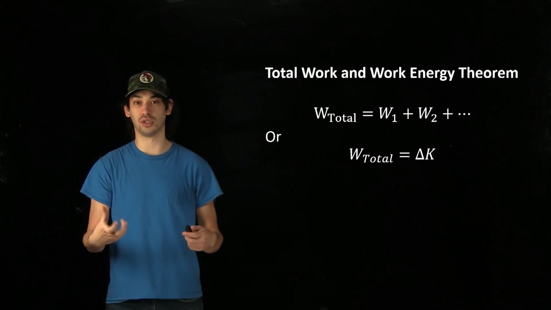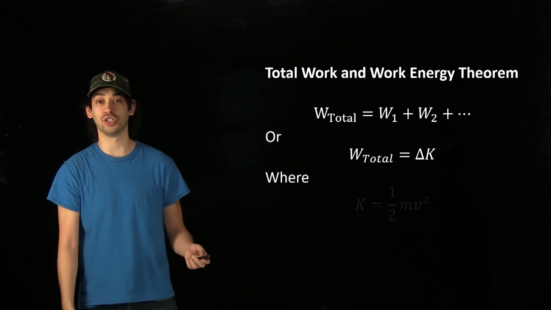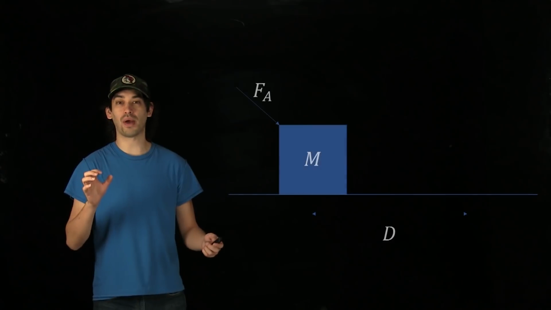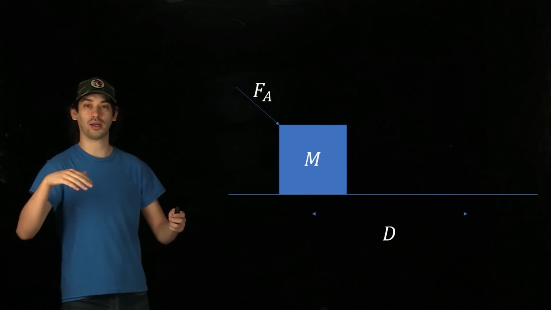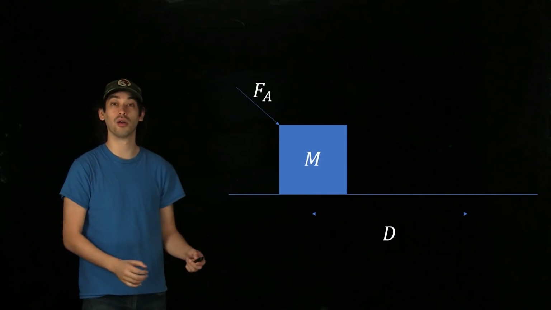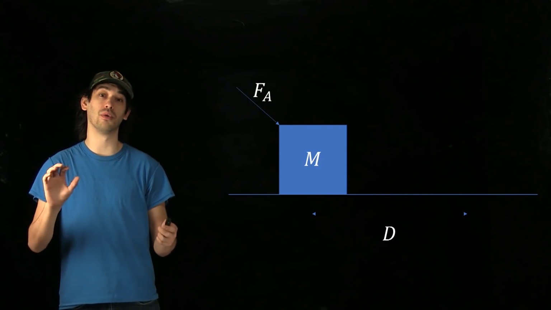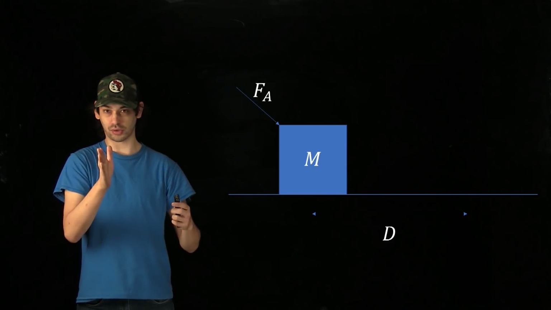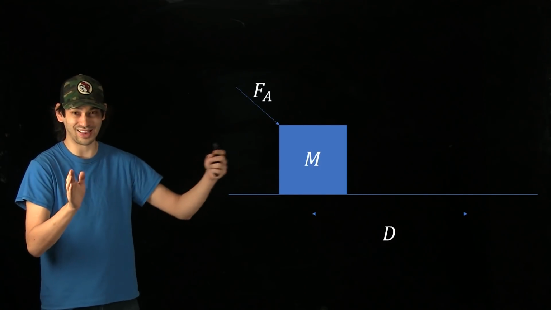Now, when we write the sum of the total work, we can say that this is going to be equal to the change in what's called the kinetic energy, where the kinetic energy is defined to be 1/2 mv squared. So let's go back to our example where we had this block on the surface and we're pushing it along. We know from our kinematic equations that as we're applying this force, this block's going to accelerate, so it's going to have a different velocity initially and a different velocity at the end.